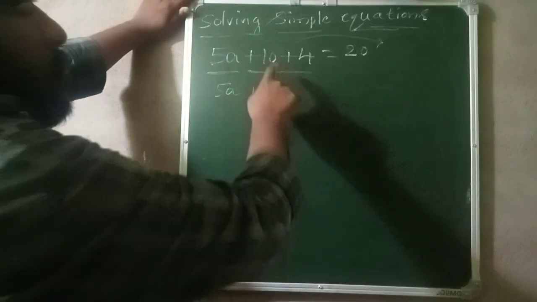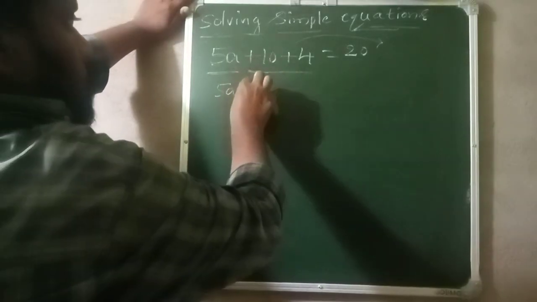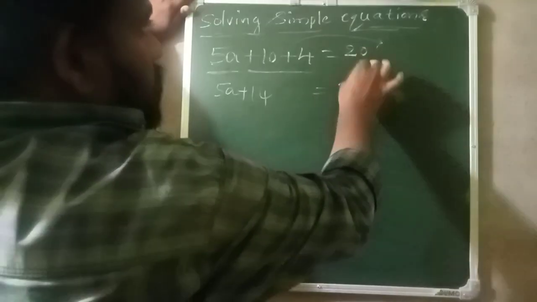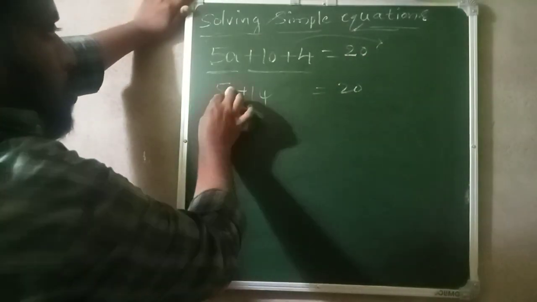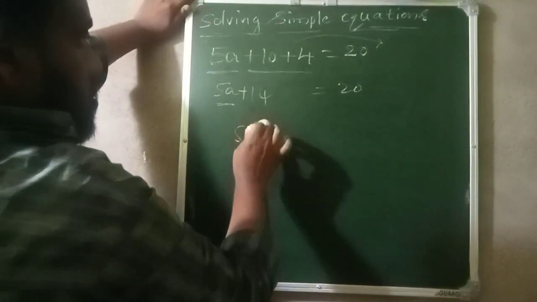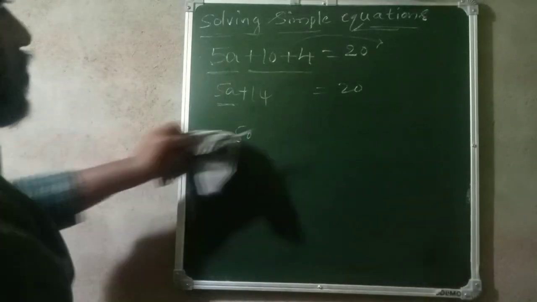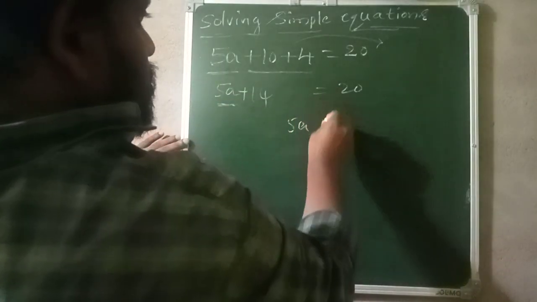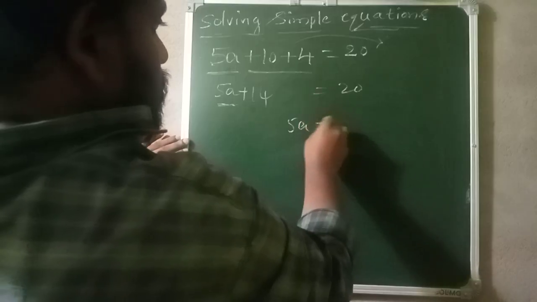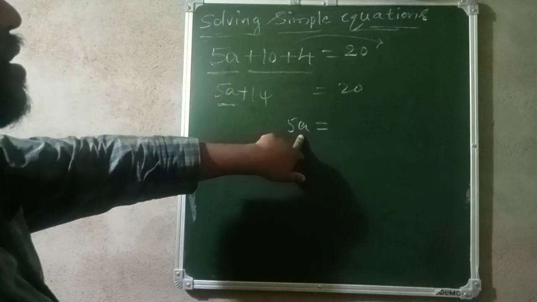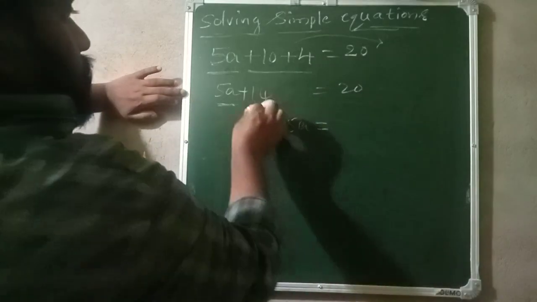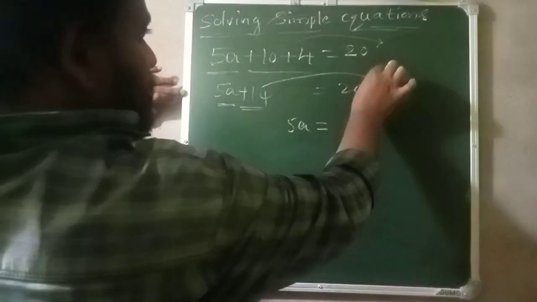The sign in front of the bigger number 10 is plus, so you write plus here, is equal to this 20. Now keep this 5a. I will write 5a here because the equal sign should be in one line. Next we have to move this plus 14 to this side.